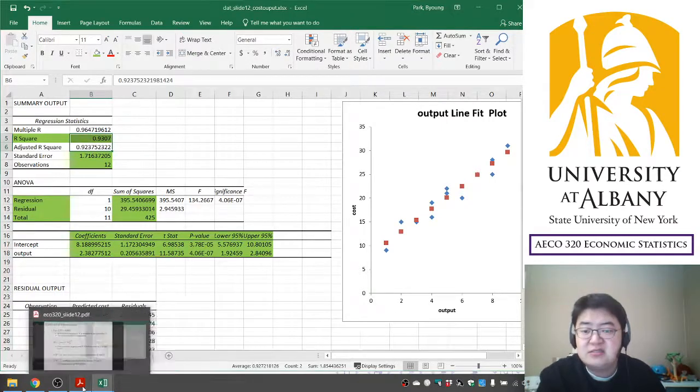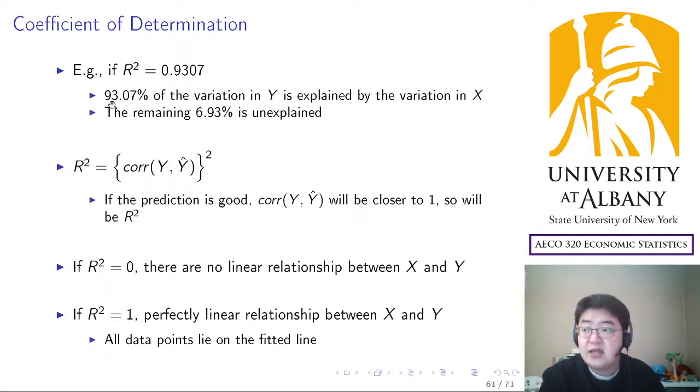This means approximately 93% of the variation in y is explained by the regression model, or by the independent variable. And the other remaining 6.94% is unexplained.